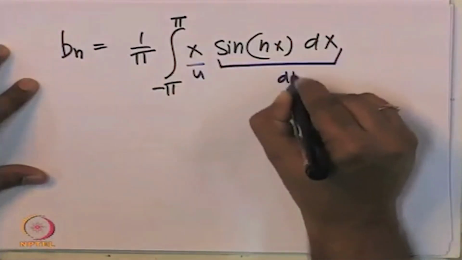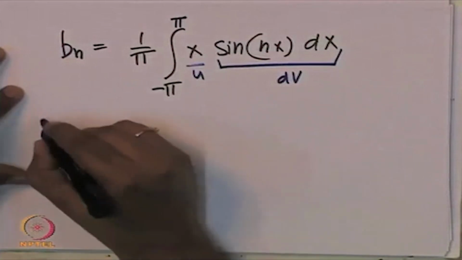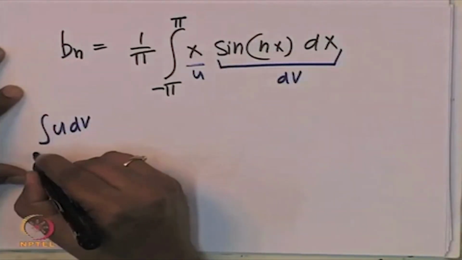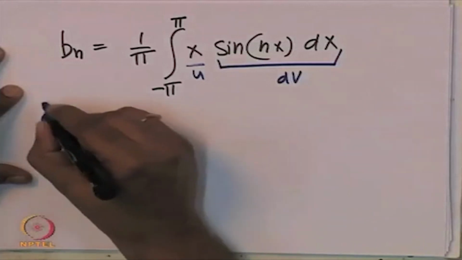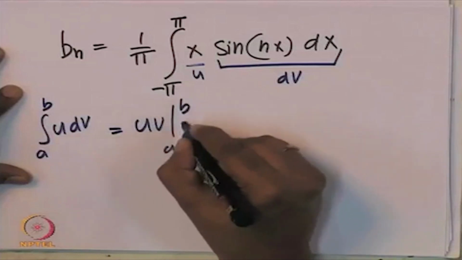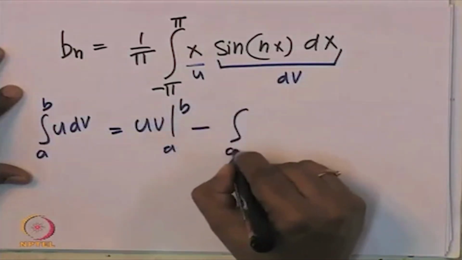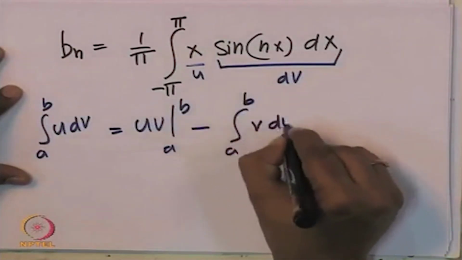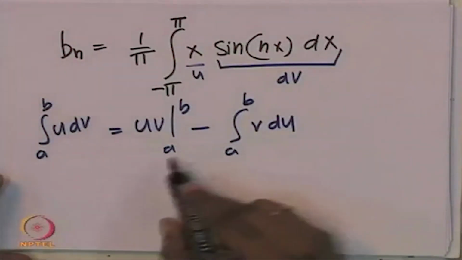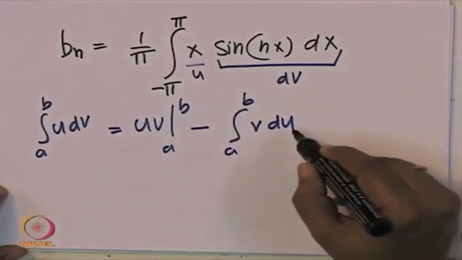The integral of u dv from a to b is u v in the limits a to b minus the integral from a to b of v du. This is the standard formula for doing such integrals, which we already discussed.